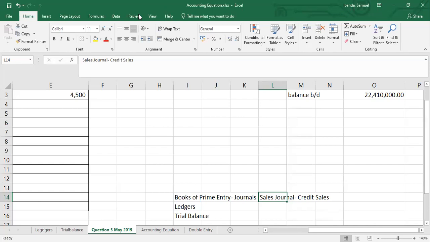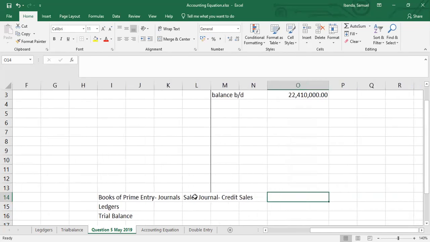You get it? So when you see a sales journal, it means that it records credit sales. Now, when you're moving transactions from the sales journal, you move them to two accounts. Remember, a sales journal is just a single column kind of book.